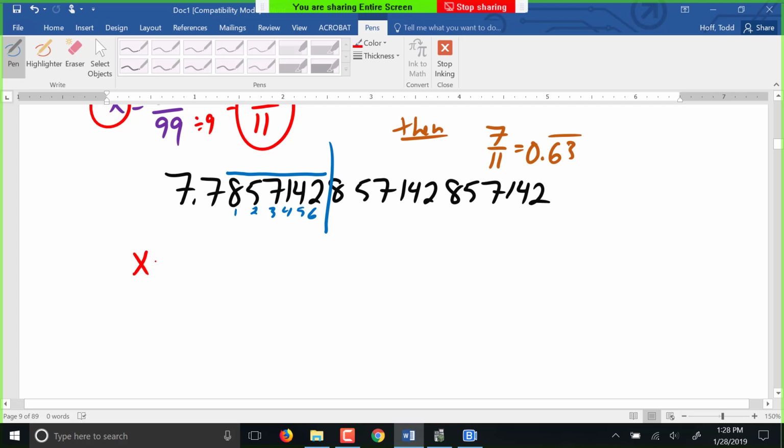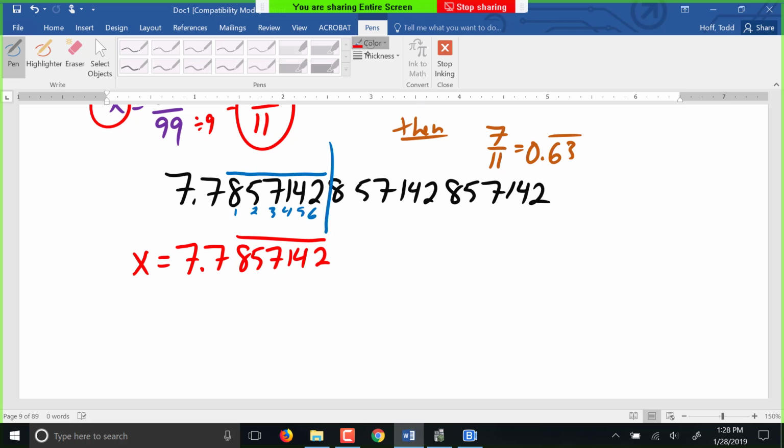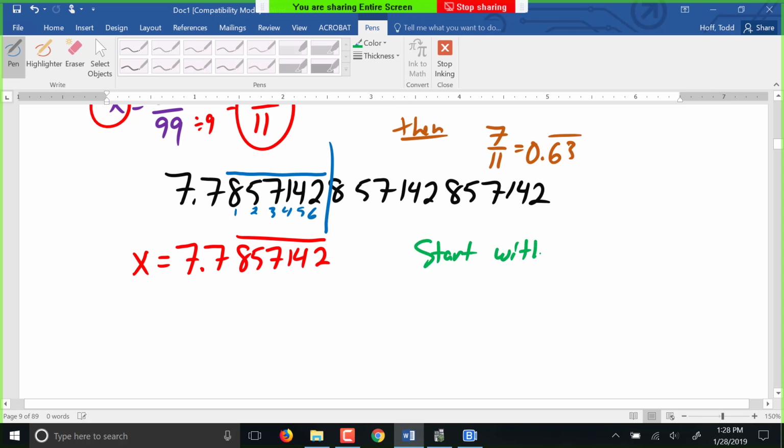So I'm going to let x equal 7.7857142 with the 857,142 repeating. Now I don't want to start out with that. I want to start out with only repeating digits after the decimal.